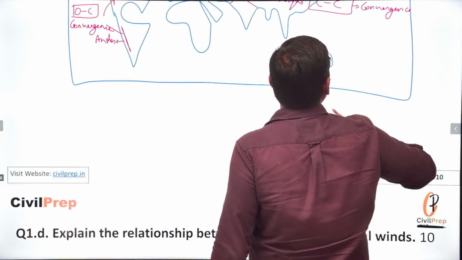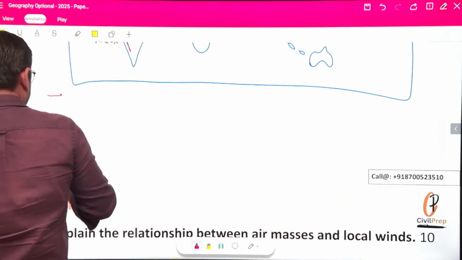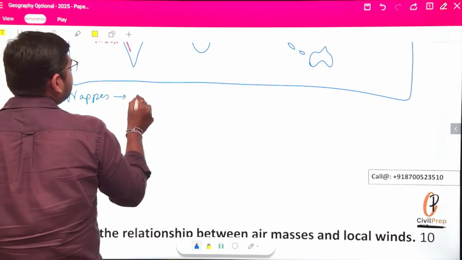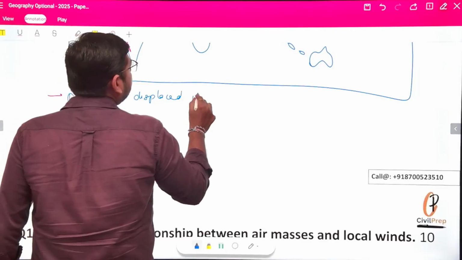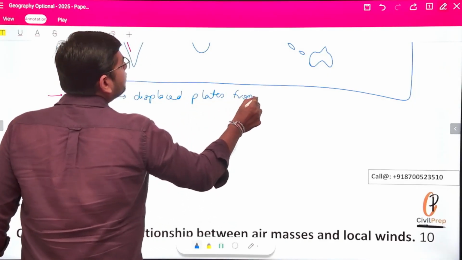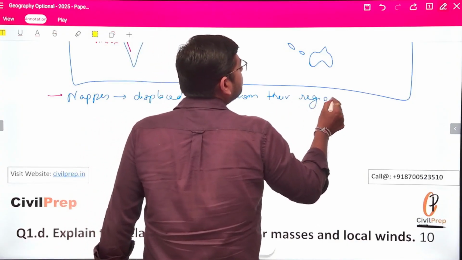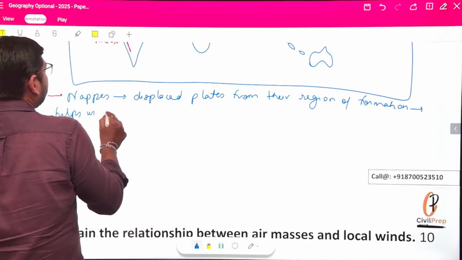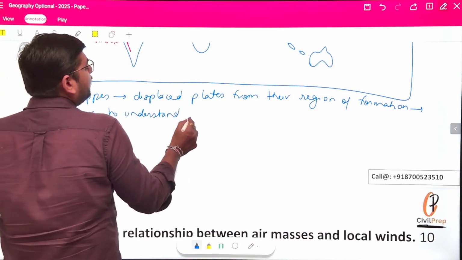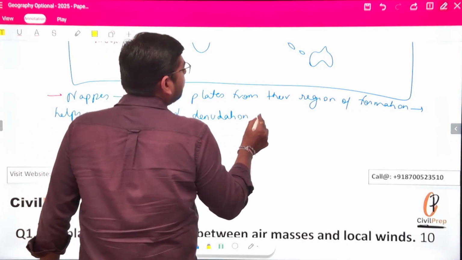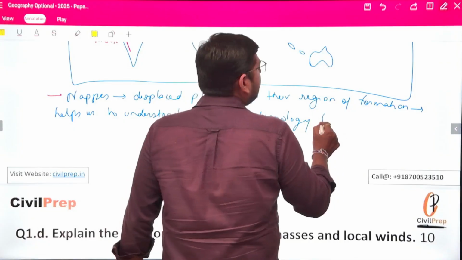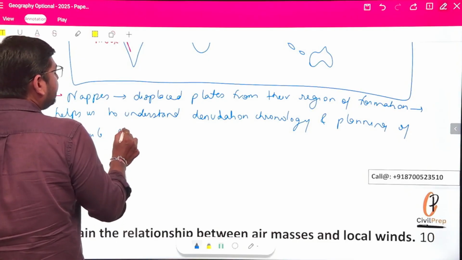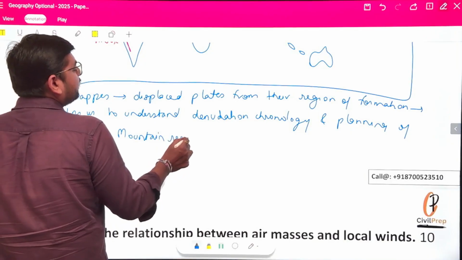For the conclusion, I will be adding here: nappes are displaced plates from their region of formation, and this helps us to understand denudation chronology and the planning of fragile mountain regions with respect to infrastructure development.